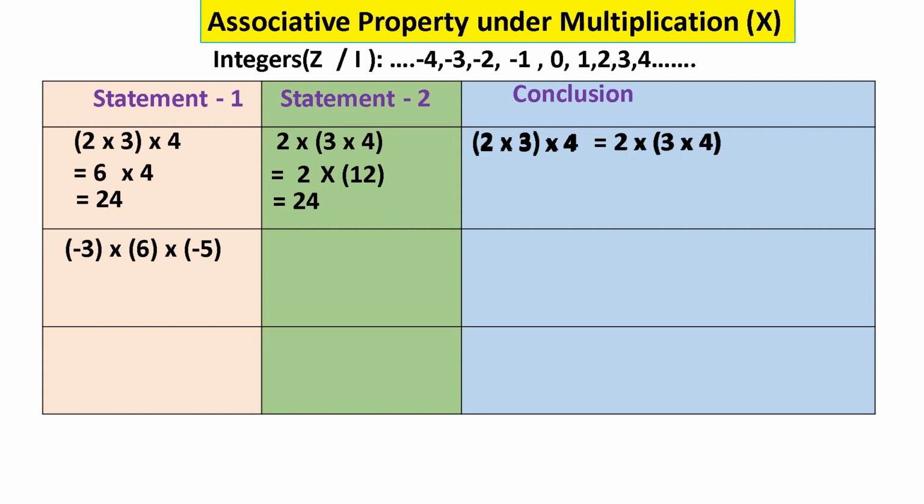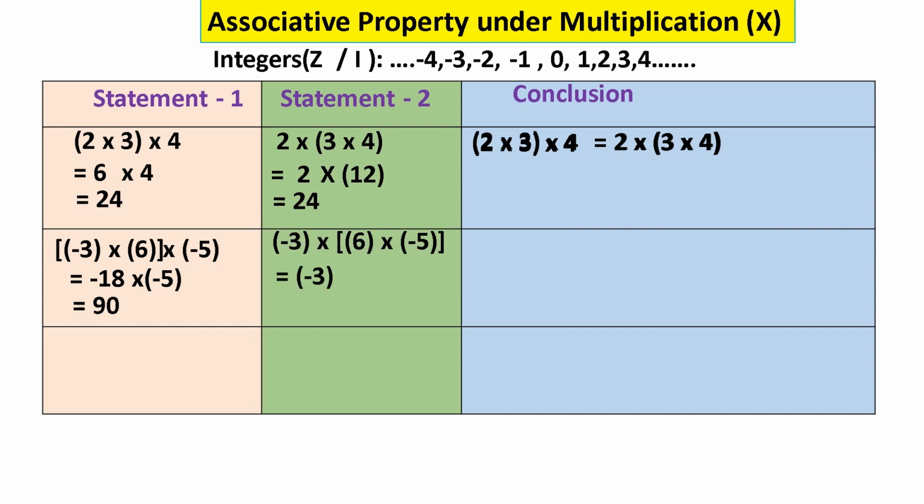We multiplied the first two integers. The product of the first two integers is minus 18, and the third integer is minus 5. Multiplying minus 18 by minus 5, we get plus 90. In statement 2, we multiply the last two integers, the second one and the third one.